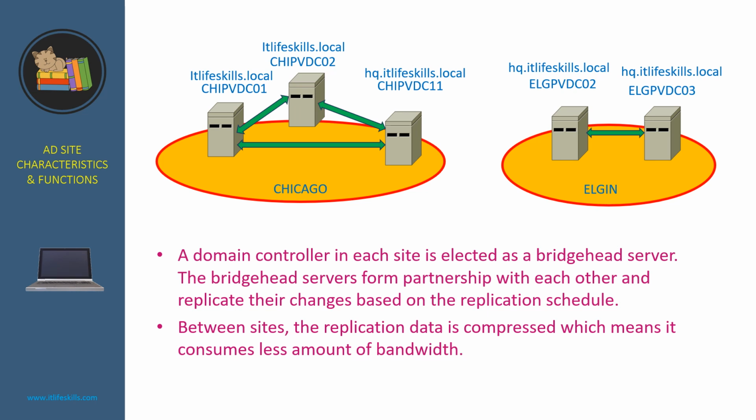For example, in Chicago site, CPVDC11 is elected as the bridgehead server, and in Elgin site, LHPVDC02 is elected as the bridgehead server. They will form partnership with each other, and we configure the replication schedule to be every 60 minutes between the two sites.